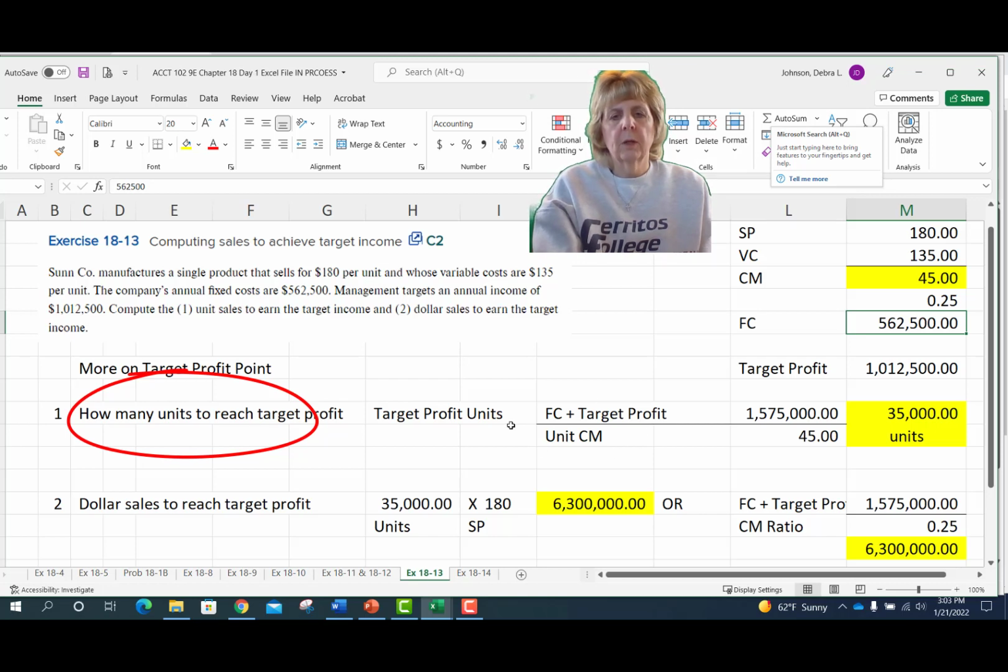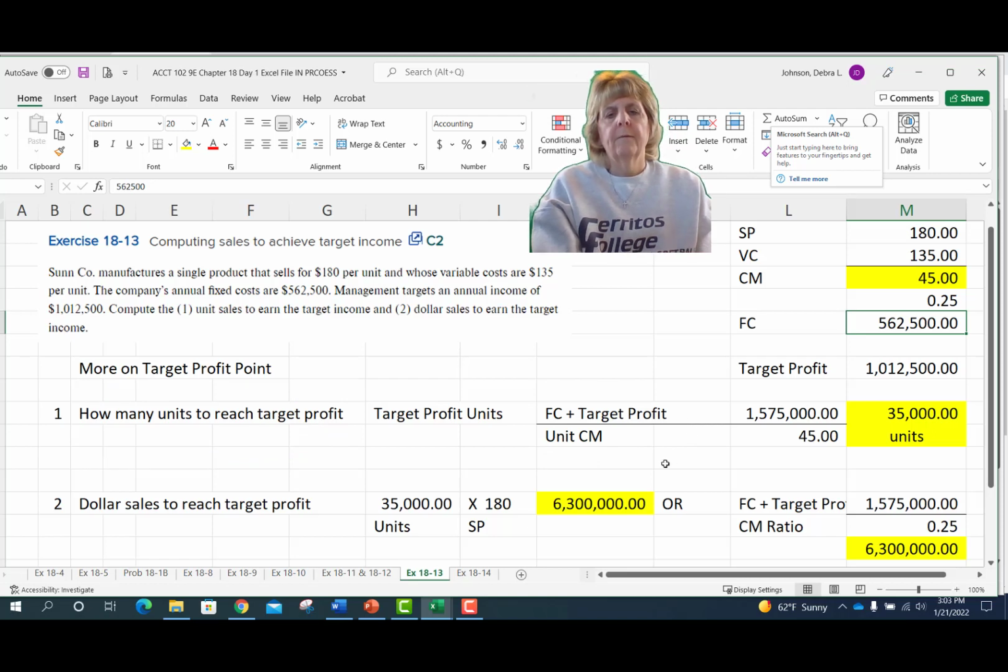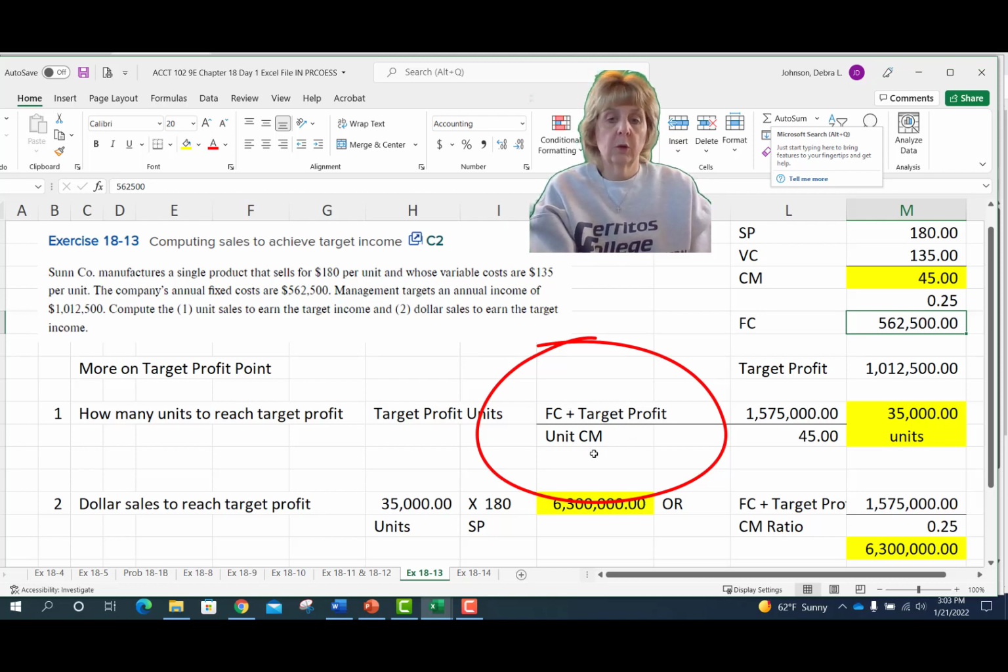So here's the formula. That would be the first thing I should see written on your paper. Fixed costs plus the target profit divided by the unit contribution margin. The reason we use the unit contribution margin is because the author specifically asked for units.